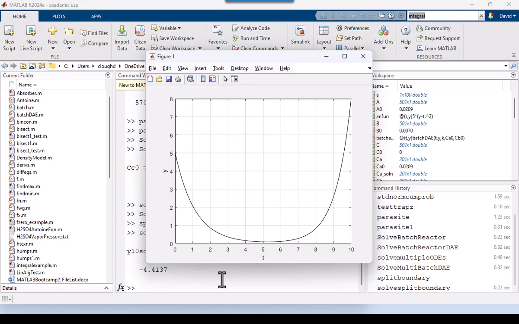All right, so let's go on and look at a final example here, which is a little more involved, but it's more relevant in terms of engineering, and that will bring this particular screencast to a close.